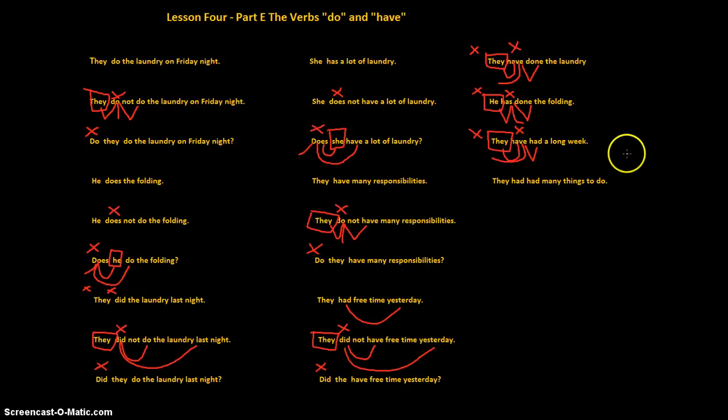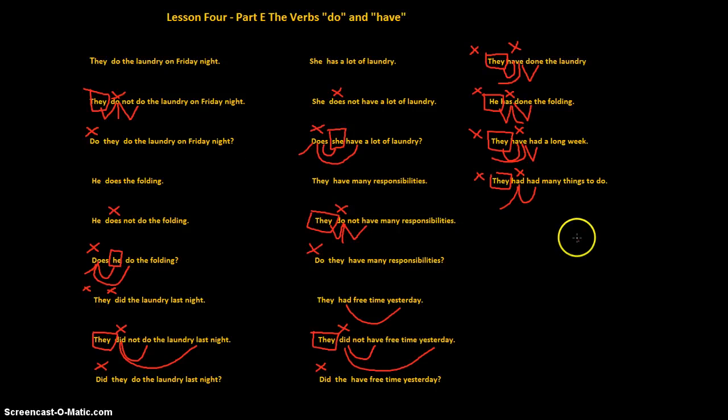And last one, they had many things to do. Had they had many things to do? The subject is they. Had is the X word, it ties with the past. Had is the X word, it ties with the DTN form of the verb had.